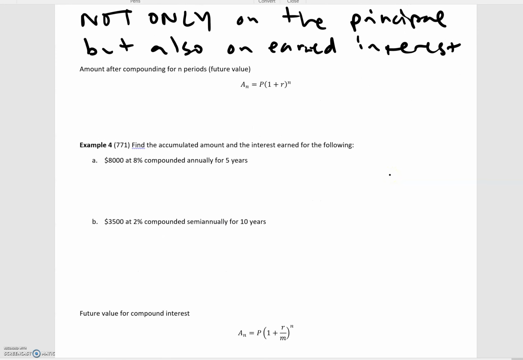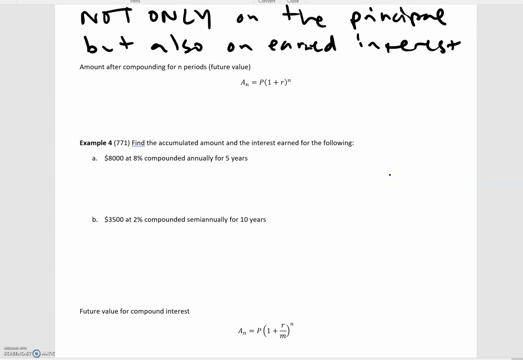Looking at this mathematically, we have this formula here that says the total amount that someone would be paying after compounding for n periods. And what that means is n is our time that the interest has accrued.